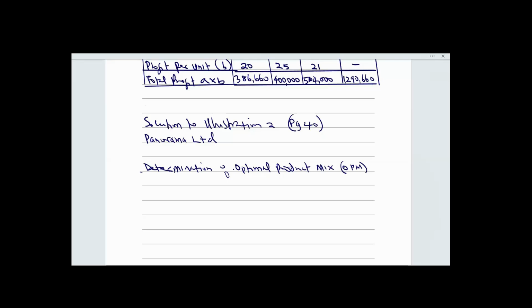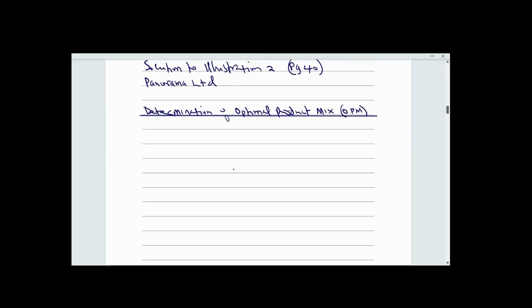We want to determine the optimal production plan that will maximize contribution for Panorama Limited. So the first step says you should confirm the insufficiency in labor hour. Examiner has given us a clue in the question that we have 228,000 direct labor hours.